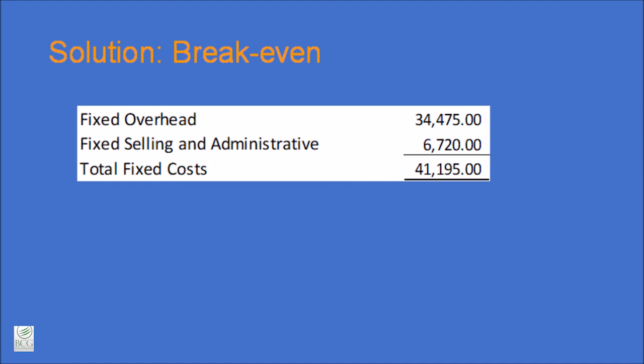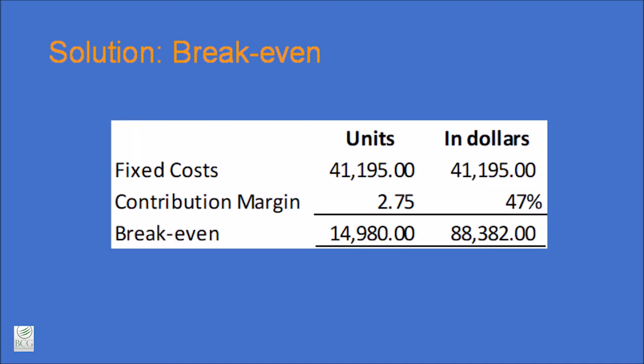Now, to get the break-even in units, just divide the fixed cost by the contribution margin per unit, and for in dollars, fixed cost divided by contribution margin in percentage, and this is the solution. The final answer for the break-even in units will be 14,980 units, and for in dollars, break-even is $88,382.